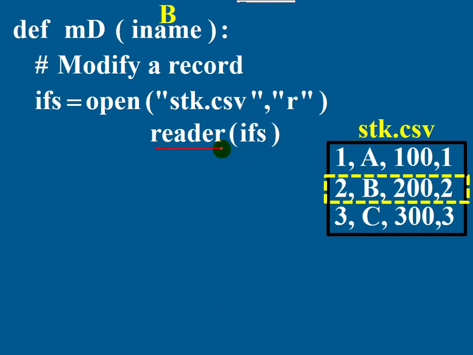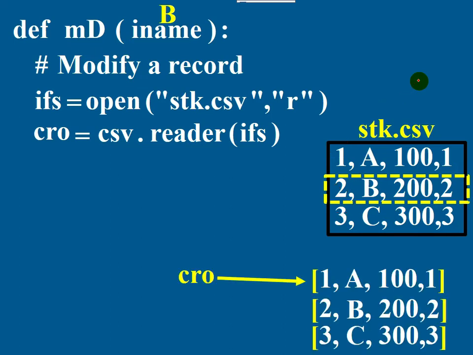Now reader is a function of the csv module, so it should be called as csv.reader. Now csv.reader returns an answer. The CSV reader object is returned as the answer, and the CSV reader object contains all the rows of this CSV file. And how are the rows maintained? They are maintained as a list.